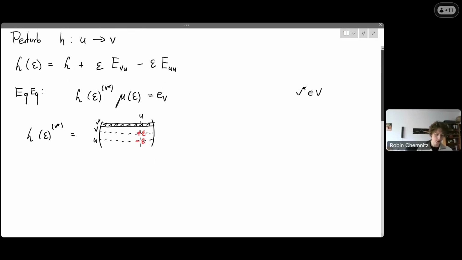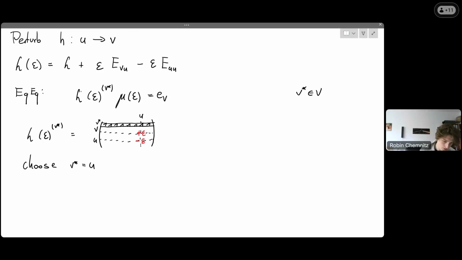And what you can notice is that if we choose v star to be u, then we replace this row here. Oh, I don't think you can see where I'm pointing. We replace the u row by the row of ones, so this minus epsilon actually vanishes.